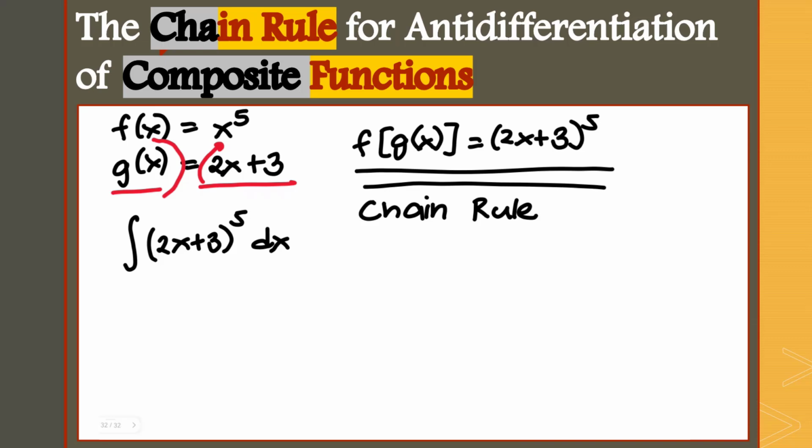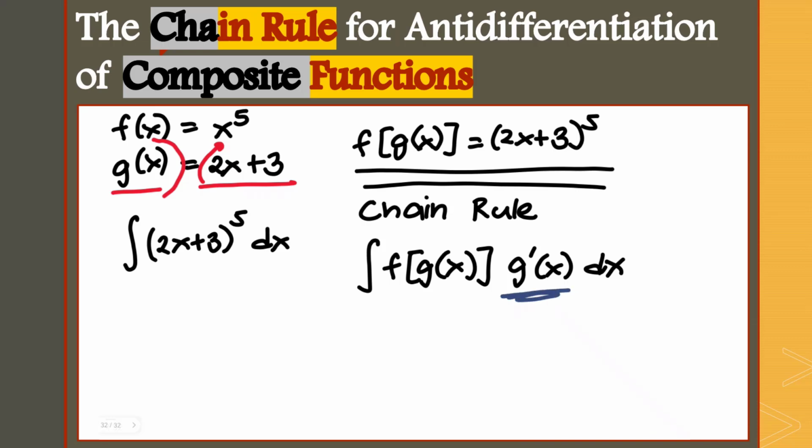The chain rule tells us that if we have the integral of a function which is a composite function with respect to x, we cannot have its automatic result if we cannot integrate a certain first derivative of the function inside another function. So we will have to introduce g prime of x here before coming up with the result.